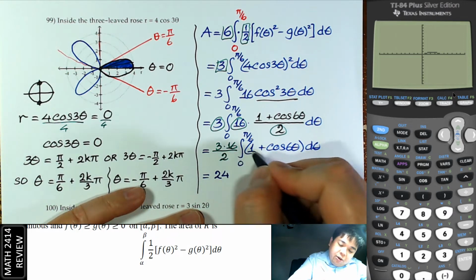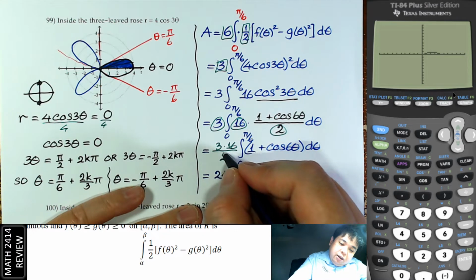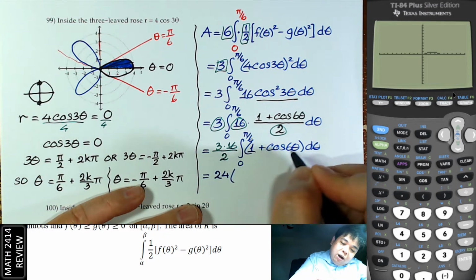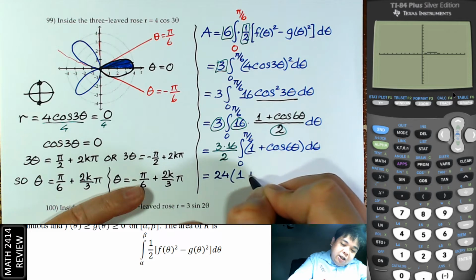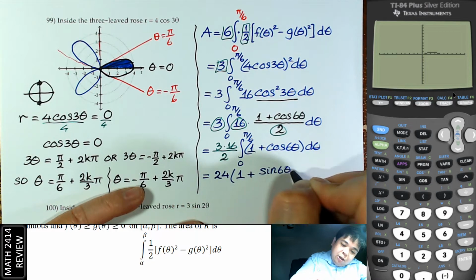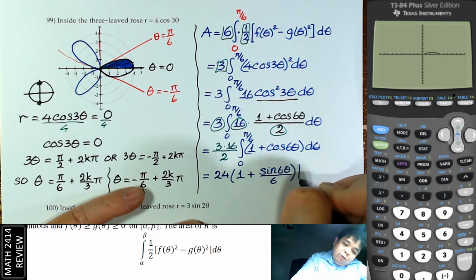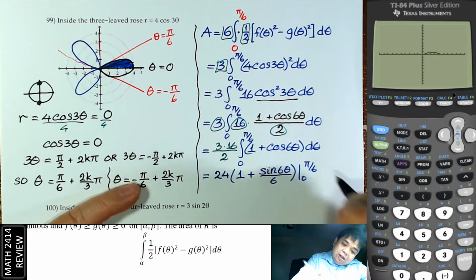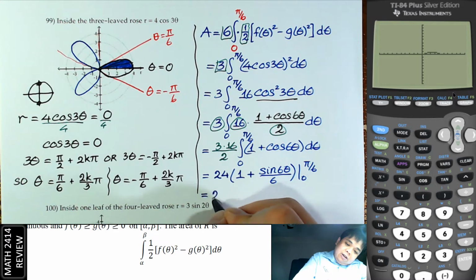And integral of 1 plus cosine 6 theta is theta plus sine of 6 theta over 6, from 0 to pi over 6. So that gives us 24.